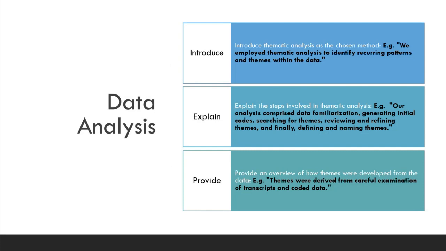Then you also have to provide an overview of how themes were developed from the data. For example, themes derived from careful examination of transcripts and coded data. So here you could be using your Excel file, where you are also just stating that you used a transcript.